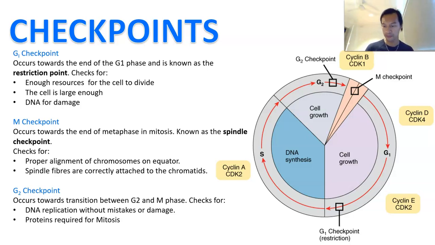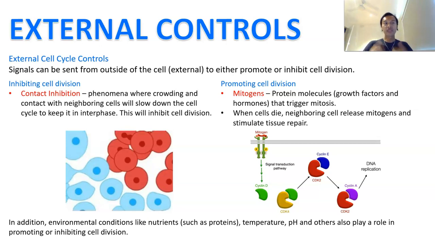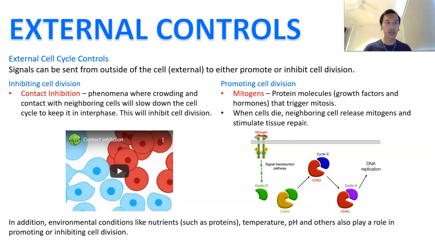So those three checkpoints are important internal measures in which the cell can say, stop, go, we're all good, and so forth, okay? Now, external control measures are basically signals from outside of the cell that are either going to promote or inhibit that cell division process, right? If it inhibits the cell division, it could include things like contact inhibition, right?